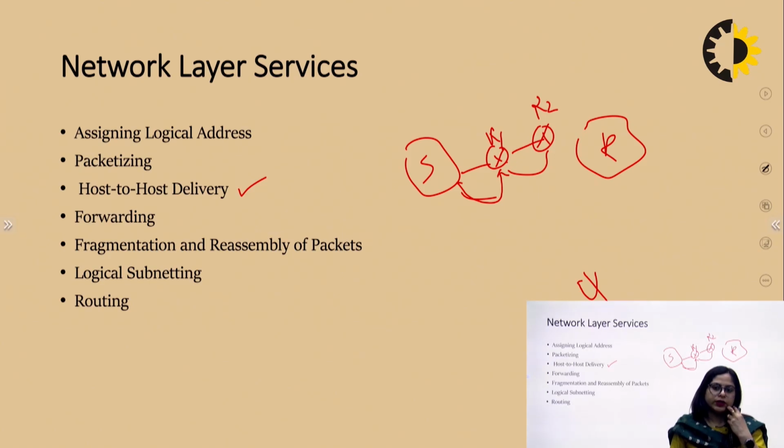After that, forwarding. Forwarding means the data is transferred from source to destination. Fragmentation and reassembly of the packets is a very important term in the network layer.